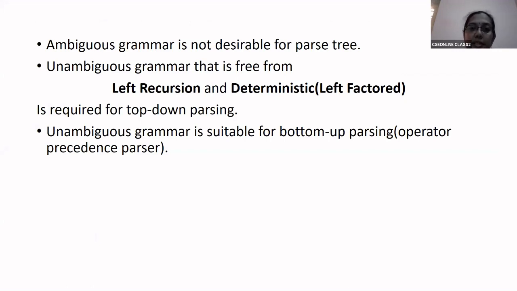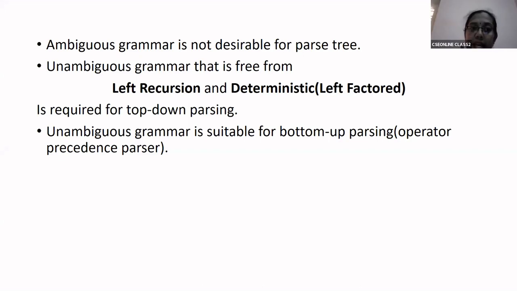The first rule is that the grammar should not be ambiguous. Ambiguous grammars are not desirable for parse trees.